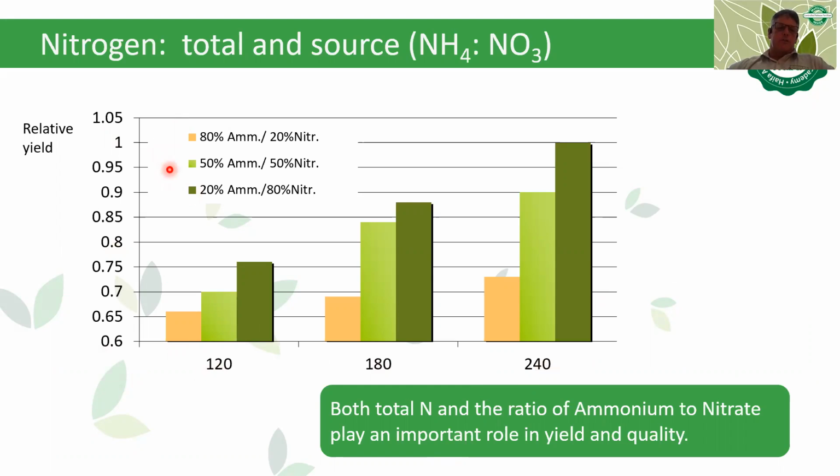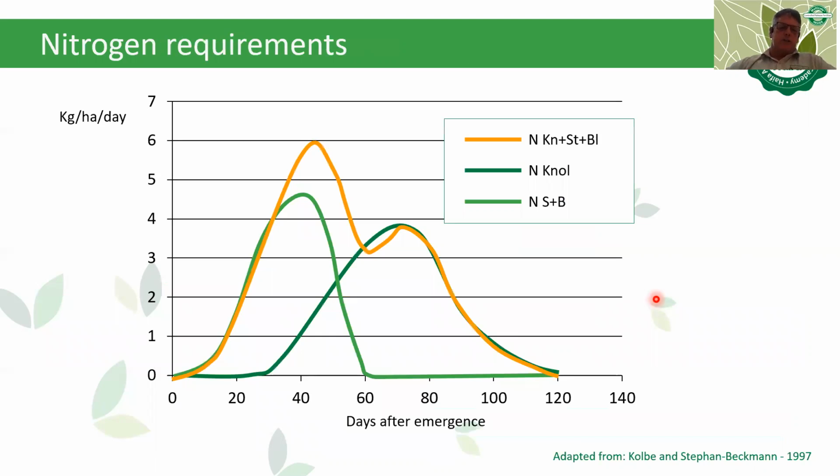The light green is 50% nitrate, 50% ammonium, and the dark green is 20% ammonium, 80% nitrate. And you can see in each of these cases, even at increasing rates of nitrogen, you're getting much better yield with a 20% ammonium, 80% nitrate, which brings us back to why Haifa promotes potassium nitrate for potatoes. But this is one of the reasons, to make sure you have your nitrate sufficient.